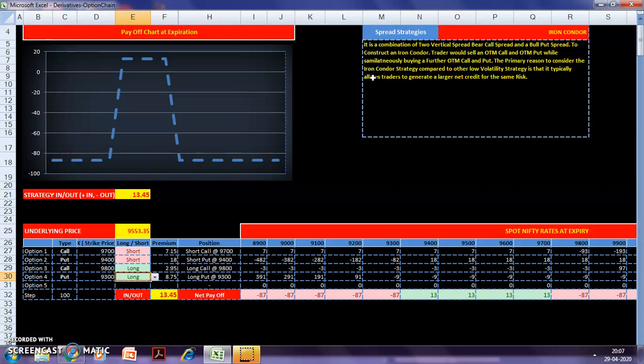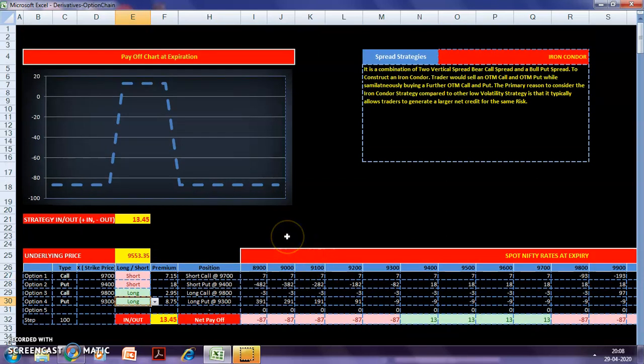Compared to other low volatility strategies, the primary reason to take this strategy is that it typically allows traders to generate a net credit for the same risk. When you expect the volatility to remain stagnant, other strategies have a larger debit, but here we get a credit. That is why you take an iron condor.